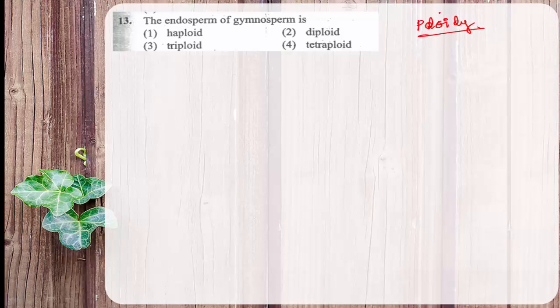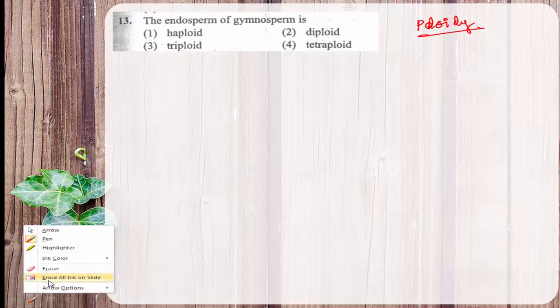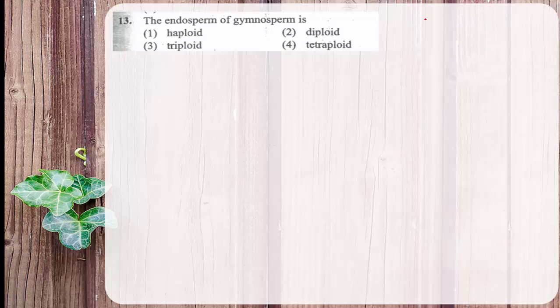Ploidy means, so let me clear this one. So once again I can write it properly. The ploidy means total sets of chromosomes present in an organism.